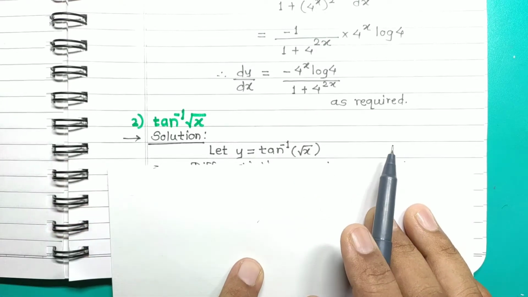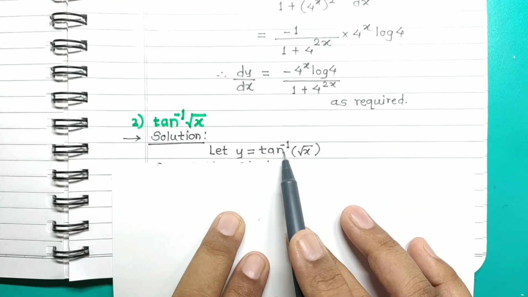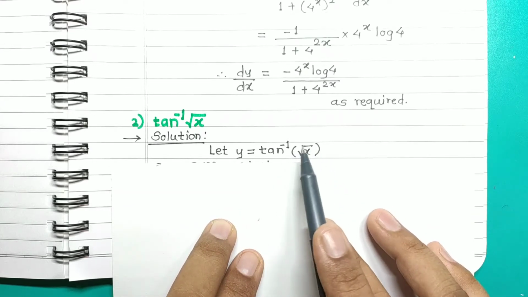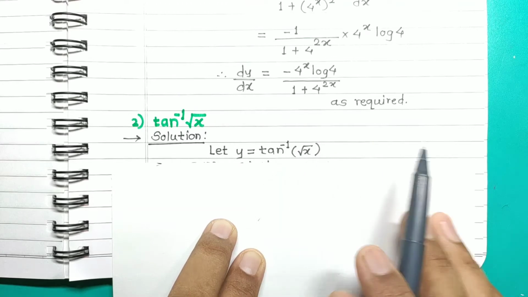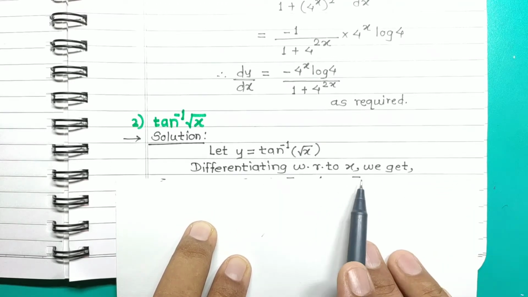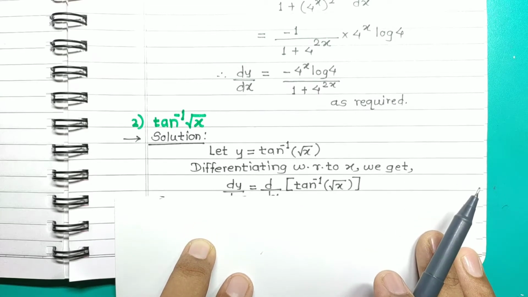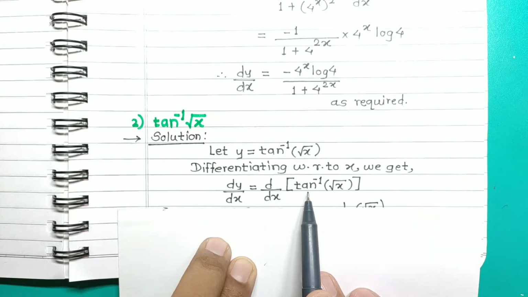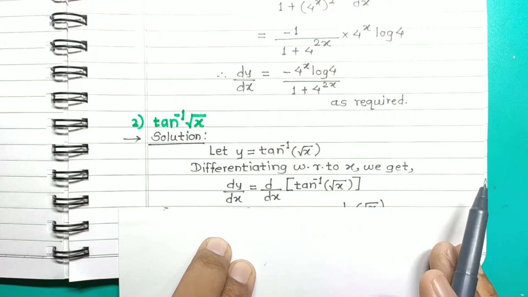See here again we find that it is a composite function. So we have to use chain rule for differentiating this function. Let's differentiate. Differentiating with respect to x, we get dy by dx is equal to the derivative of this given function tan inverse of root x.